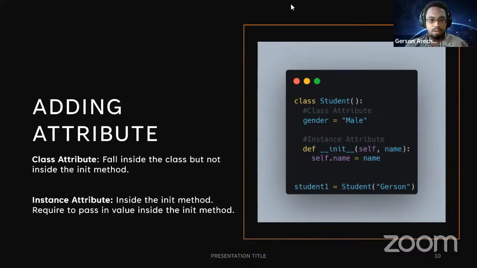So the class attribute is right over here. And then the next one is the instance attribute, and that will be part of the init method. The init method is basically part of the class, and it refers to self.